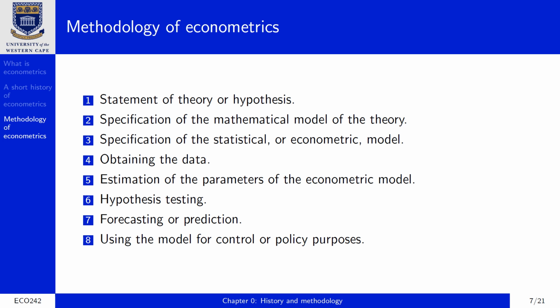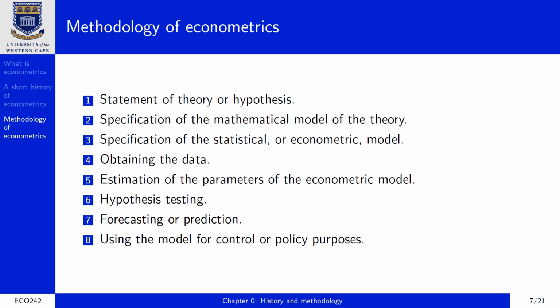So the 8 steps are mentioned on this slide. They include stating a theory or hypothesis. That's usually the first step. Second step involves expressing that hypothesis or theory in a mathematical model. The next step is to transform that mathematical model into a statistical or econometric model that can be applied to data.